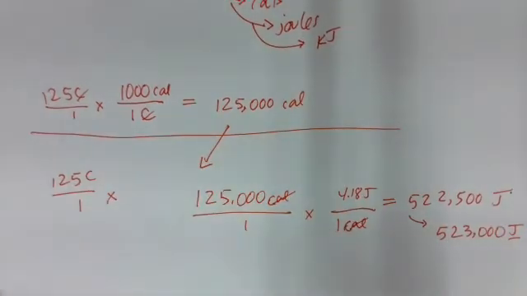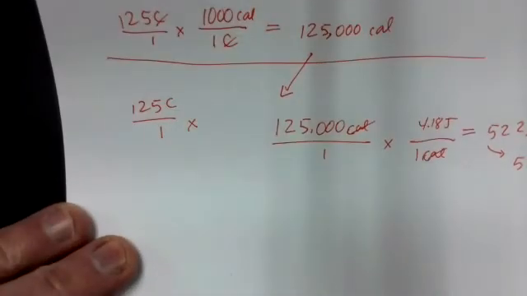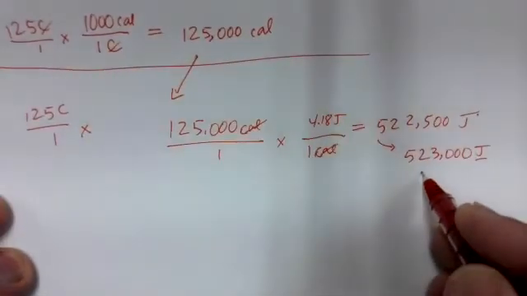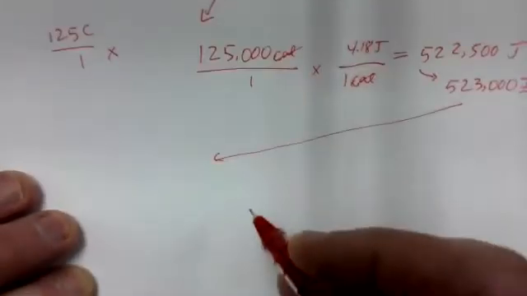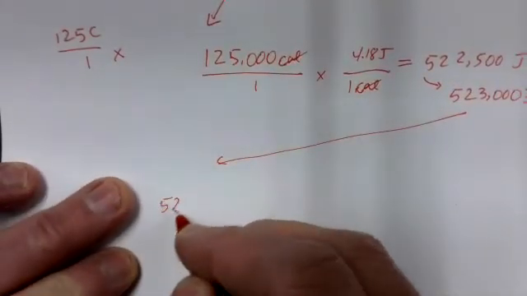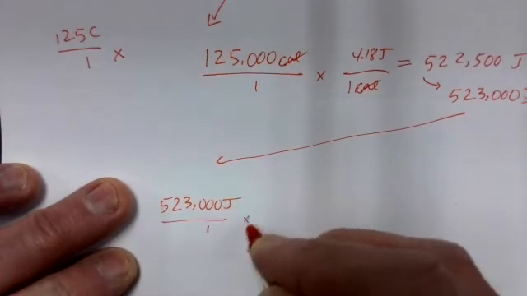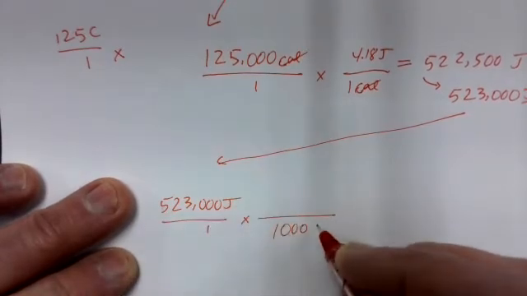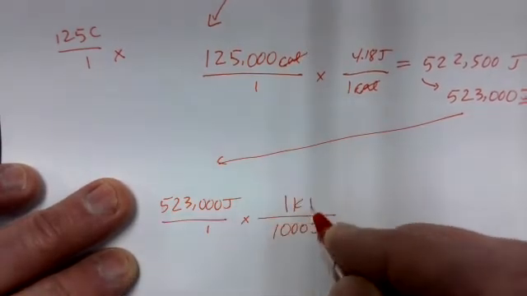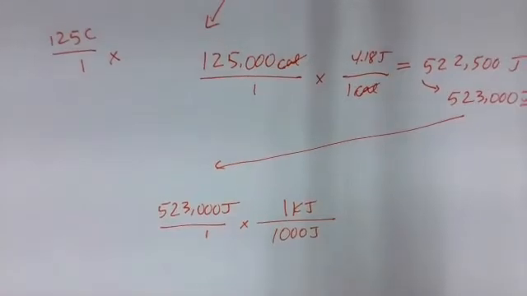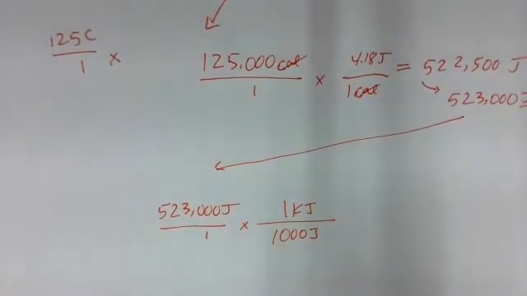In our third step, we're going to take those joules. Let me show you with the arrow. We're going to move this over here. 523,000 joules over 1, and there are 1,000 joules in 1 kilojoule. Kilo is 1,000. 1 meter is small, a kilometer is big.